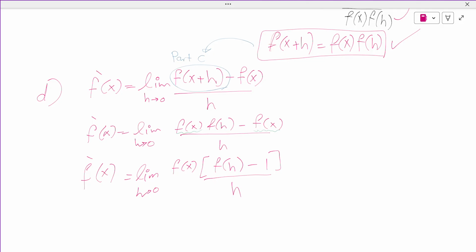Now f of x has nothing to do with the limit. Why? Because the limit has h as its variable. So h approaches 0. So this f of x, we can just write outside the limit.